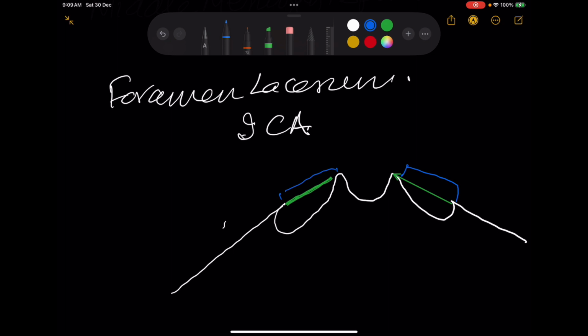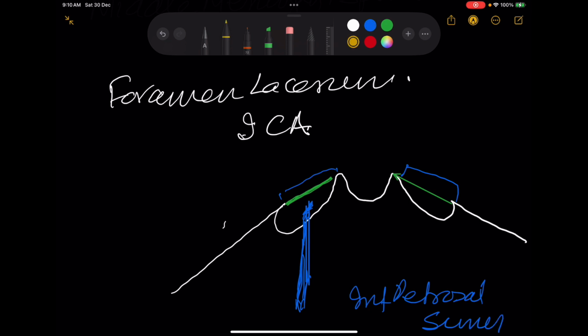So the inferior petrosal sinus passes through this gap and opens into the cavernous sinus. So this is the inferior petrosal sinus.